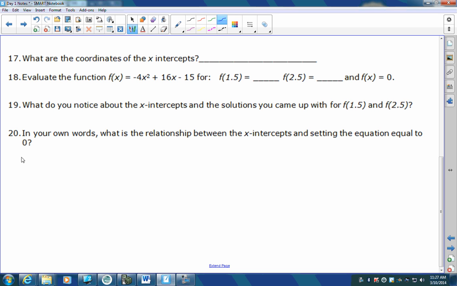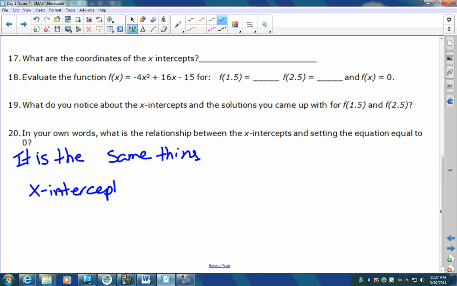The relationship means it is the same thing. When you go to find x-intercepts, you're looking to see where they cross the x-axis. When you're setting an equation equal to 0, you're looking for the x-intercepts. It means the exact same thing.